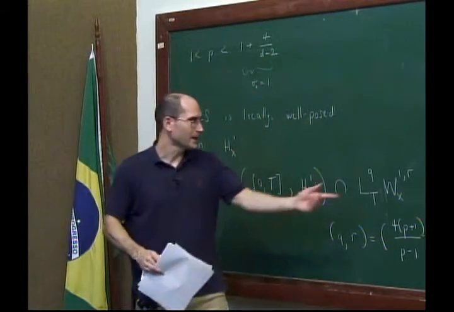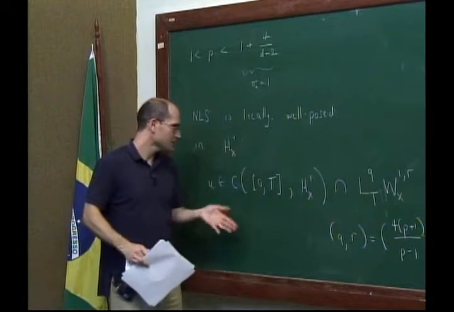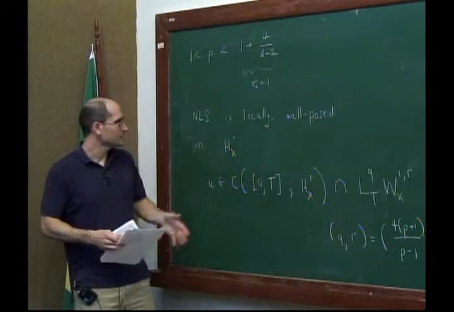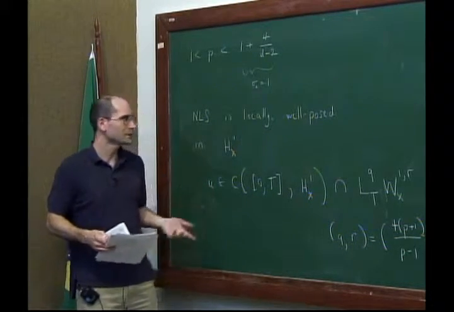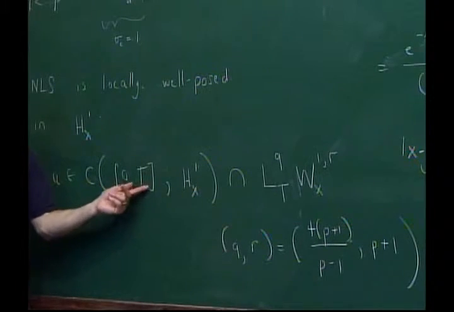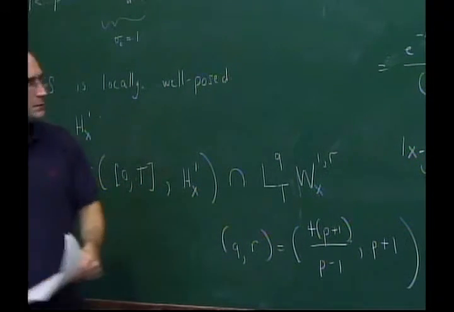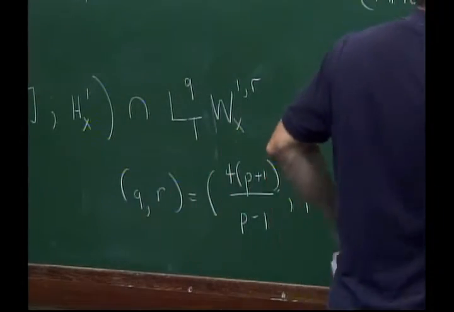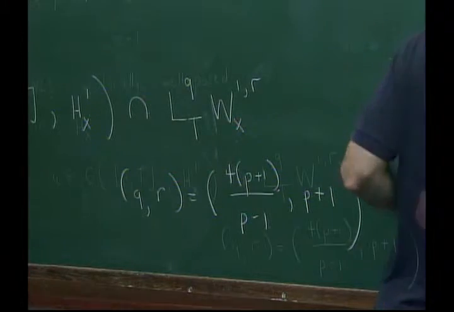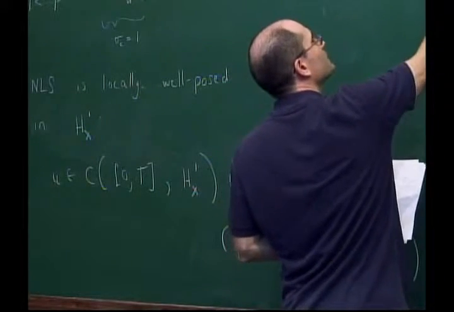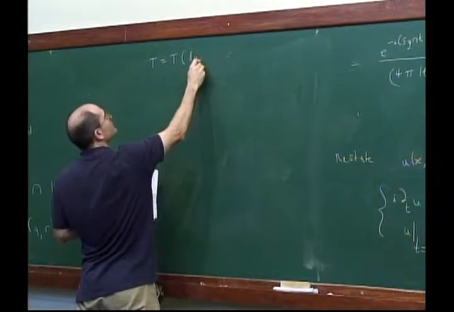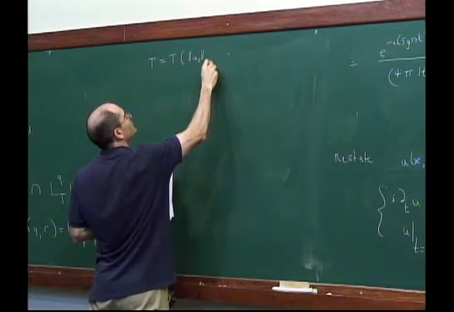I'll explain that in a second, but you have solutions which are continuous from time into H1 of space, and you can get such a solution starting from an arbitrary initial condition in H1, although the time t depends upon the H1 norm of the initial condition. So t has to be chosen to depend upon, say, u0 in H1 of x.